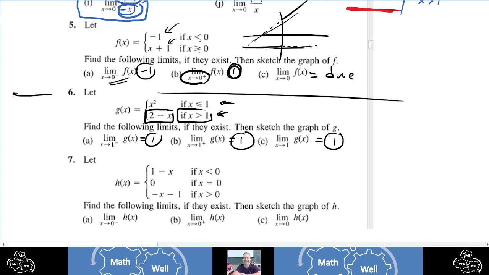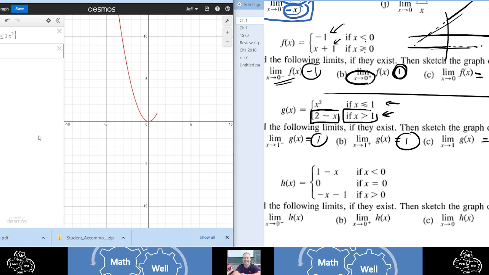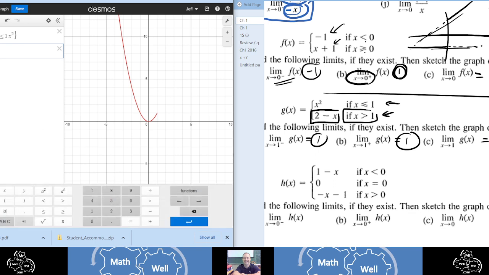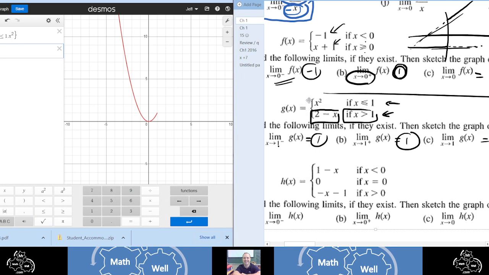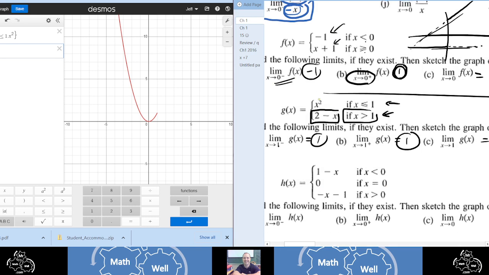So if we were to graph that, all right, I'm putting this into Desmos. I thought I'd show you how to do this. It's actually pretty cool. You can do piecewise functions in Desmos. So if you look over here on the right of the screen, I've got this in there right now.